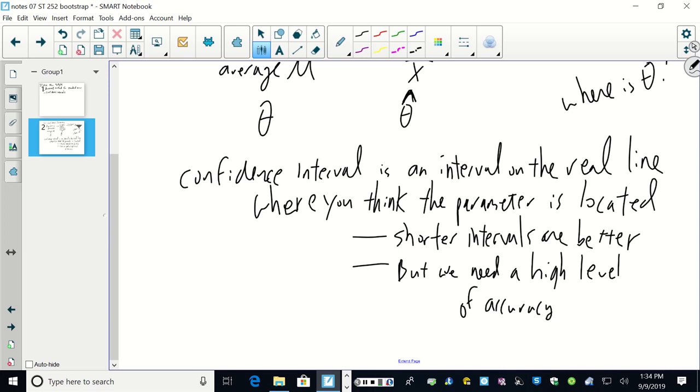And that's where we have our degree of confidence that our interval actually covers. And we usually aim for 90%, 95%, maybe even 99% confidence.